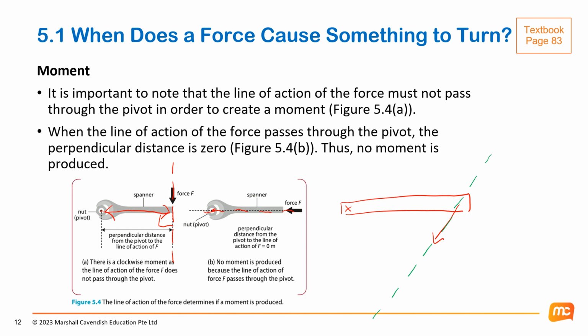And that's how we measure the perpendicular distance. So how that would look like would be something like this. So this over here would be my perpendicular distance. And you can see that it is a nice right angle between the line of action and the perpendicular distance.